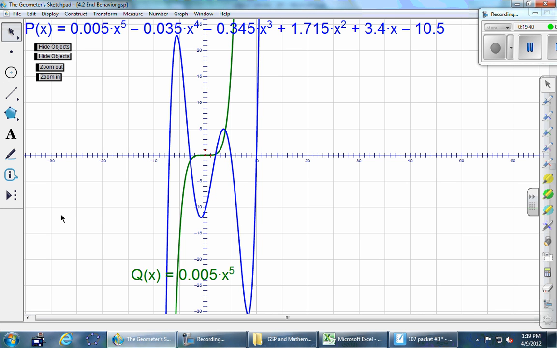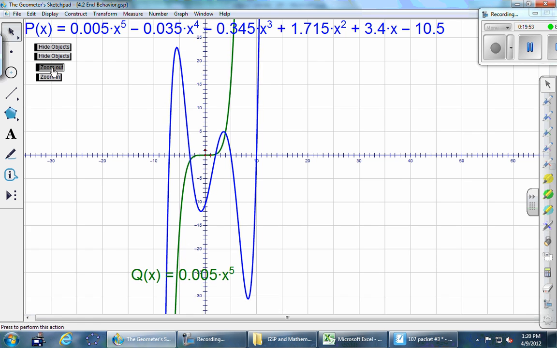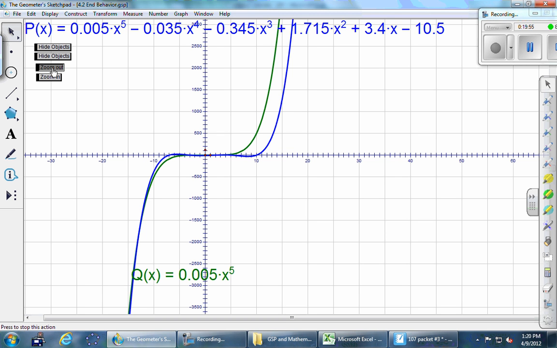Would you say that the green, which is just the 0.005 x to the 5th, and the blue, which is the whole equation, look similar or quite different? I would say they look quite different. But if we zoom out, would you say that the green and the blue look similar or quite different? They look quite similar.